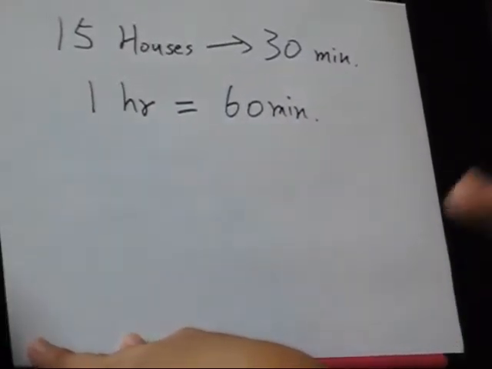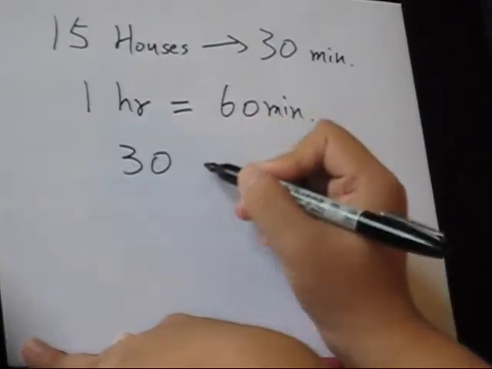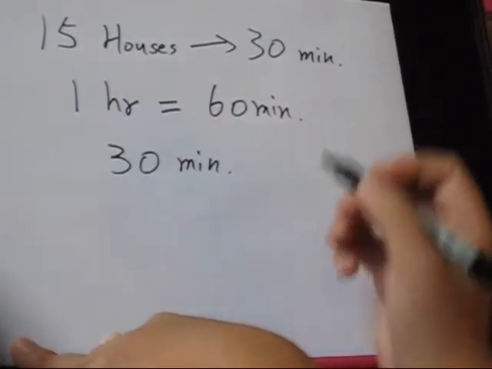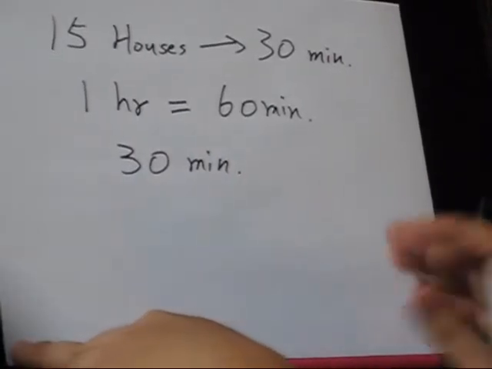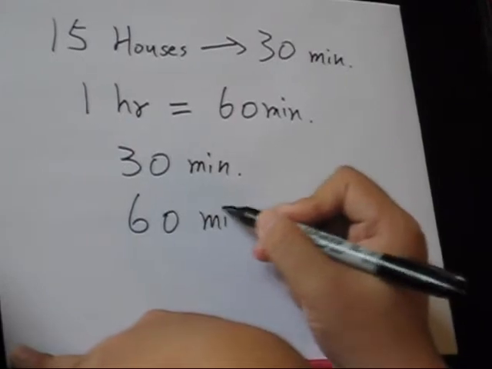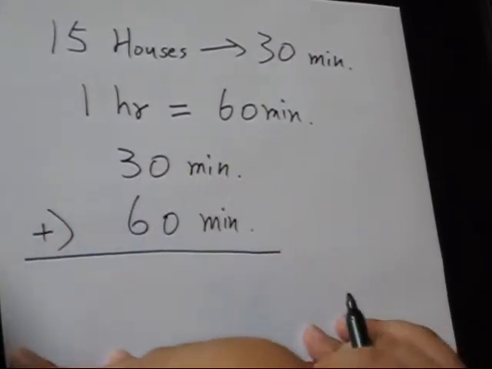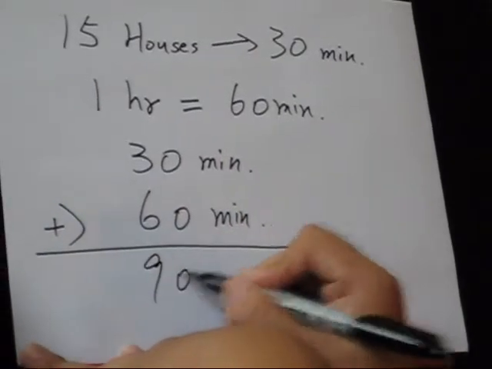And then if we add the original 30 minutes plus the additional hour, which is 60 minutes, then we will have 90 minutes in total. Okay, so now we want to set up a proportion to cross multiply.